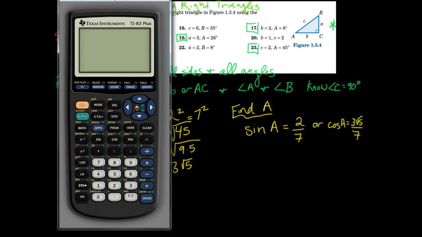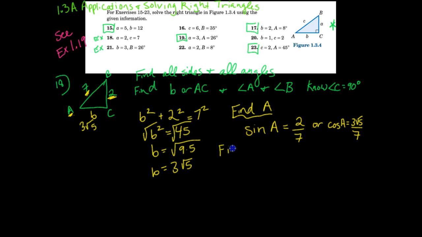There's a nifty little button in your graphing calculator, the inverse sine. I'm not going to go into too much detail right now, but we're trying to find the angle, angle A. In order to do that, I need to free it up, and to do that I have to apply the inverse sine.